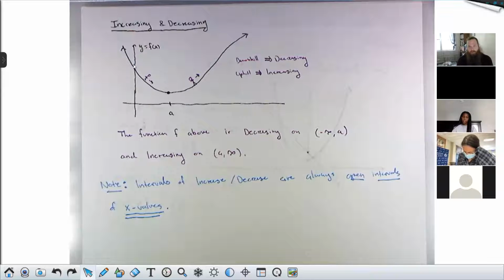This is actually why the definition of a function is what it is. Remember, functions are relations or rules for pairing where every input can go to only one output. So if you tell me the x value you're talking about, maybe this x value here is 7, if you tell me this function is increasing when x is equal to 7, I know exactly where you're talking about.